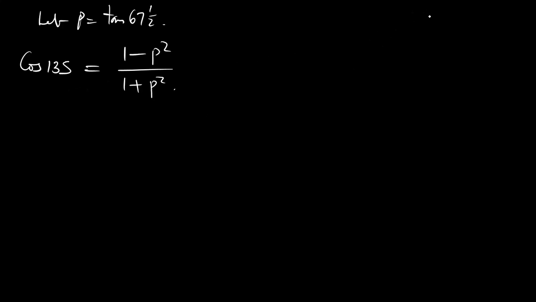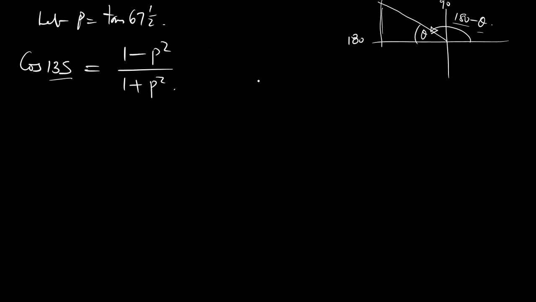Now looking at the quadrants, in the first quadrant the highest angle is 90. In the second quadrant the highest is 180. So this angle 135 lies in the second quadrant. So here is theta, and from here to here is 180 minus theta. So let's draw a line like this. What is the angle that when you subtract it from 180 it gives you this?